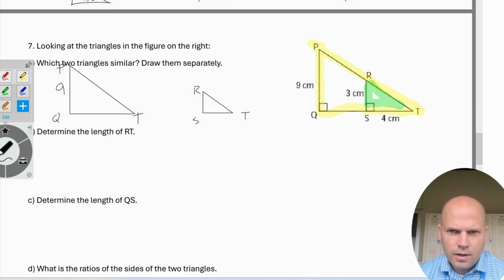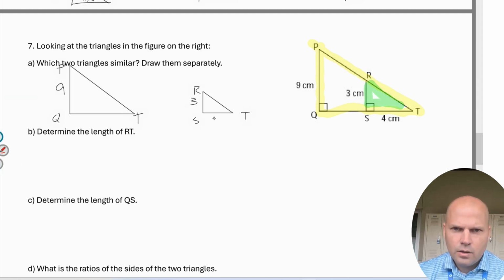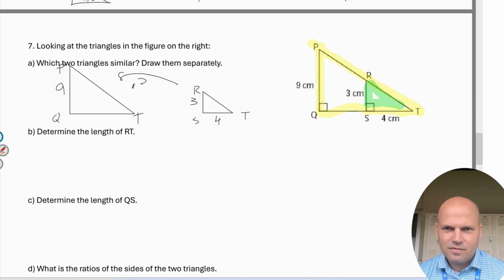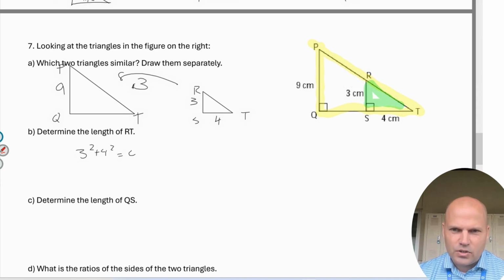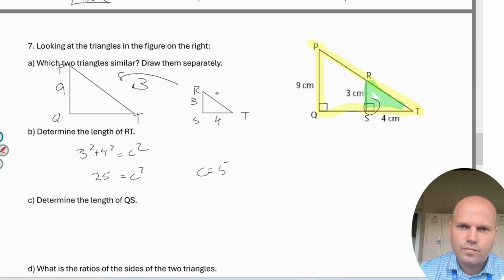PQRST: 9, 3, 4. 3 times bigger, right? What's RT? 3 squared plus 4 squared equals c squared because this is a right triangle. C squared equals 25, c equals 5. Times 3, 15.